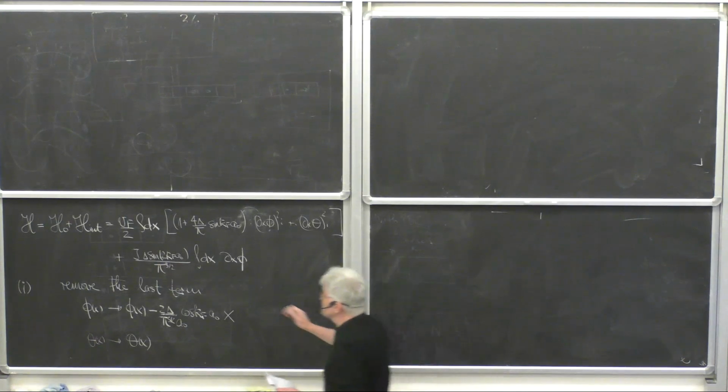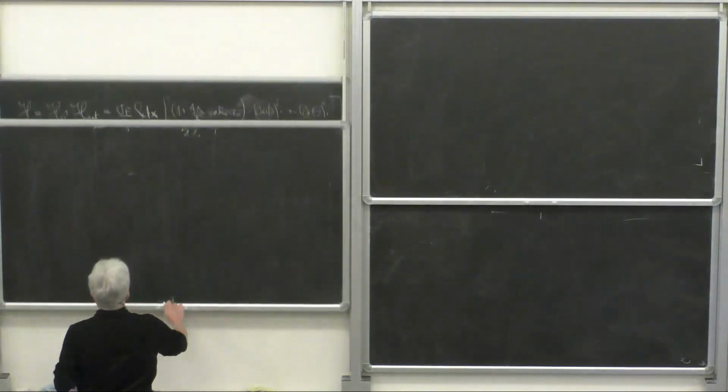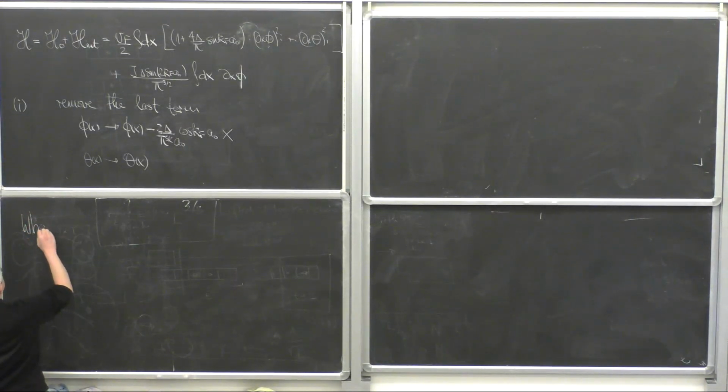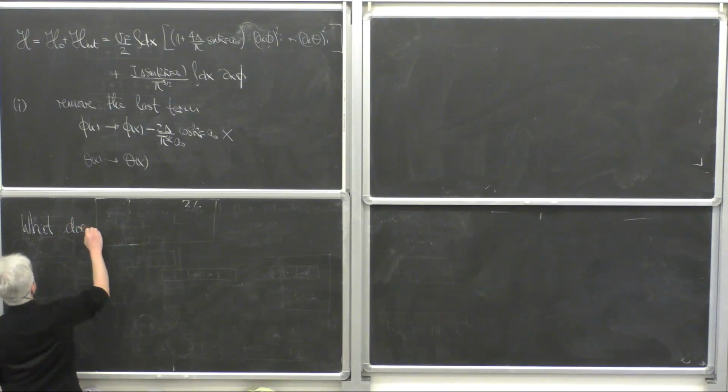So you can remove it from the Hamiltonian, but this does something interesting. What does this do?